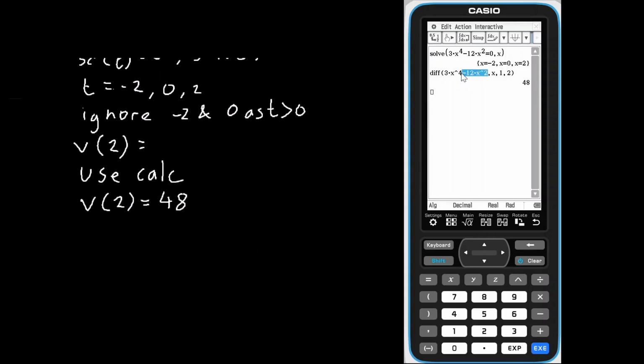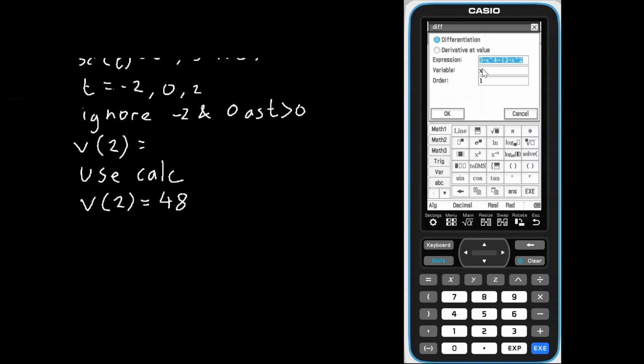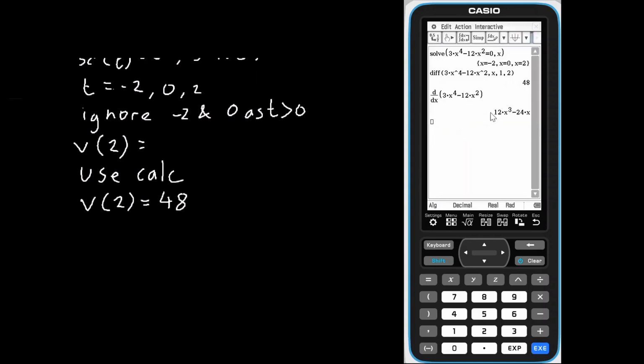Otherwise, the next step that you could do is say diff, differentiate it, and say that v of t is equal to 12t to the 3 minus 24t, and then substitute it in. But I think it's just easier to use calc. And that should be all the marks. There's 3 marks to that question.